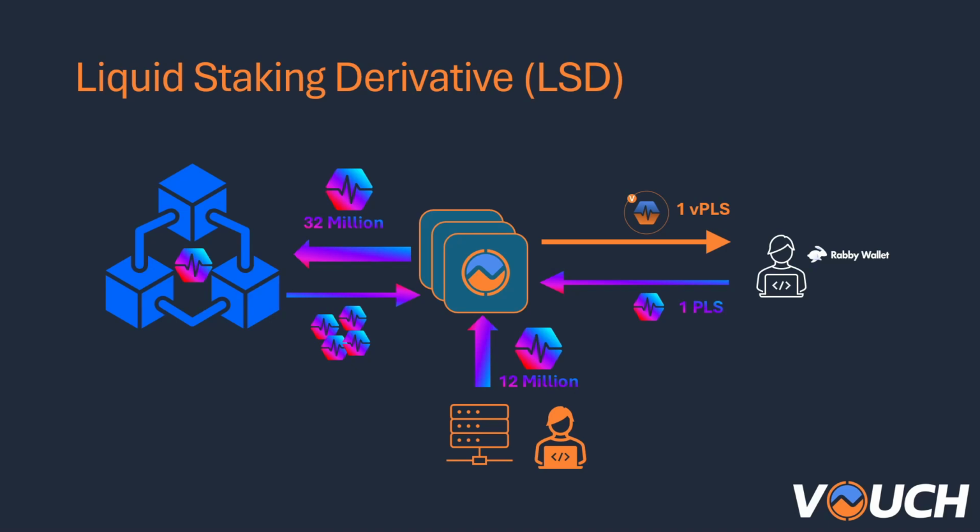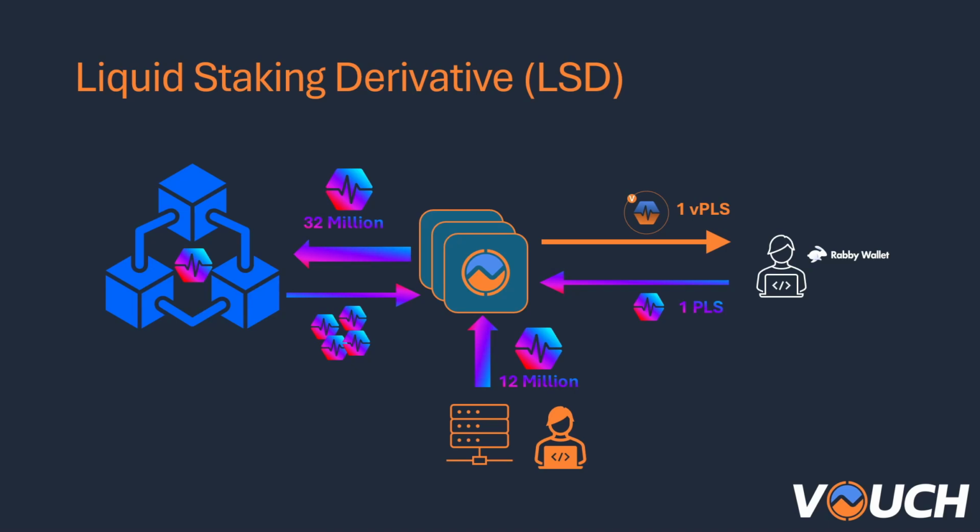So we still have our validators in orange, and they still need to put up a stake. So they, in this case, need to deposit 12 million Pulse. So less than being a validator on their own right, but still enough skin in the game so that they've got to do the right thing by the network. In addition, users can deposit Pulse into the Vouch smart contracts.